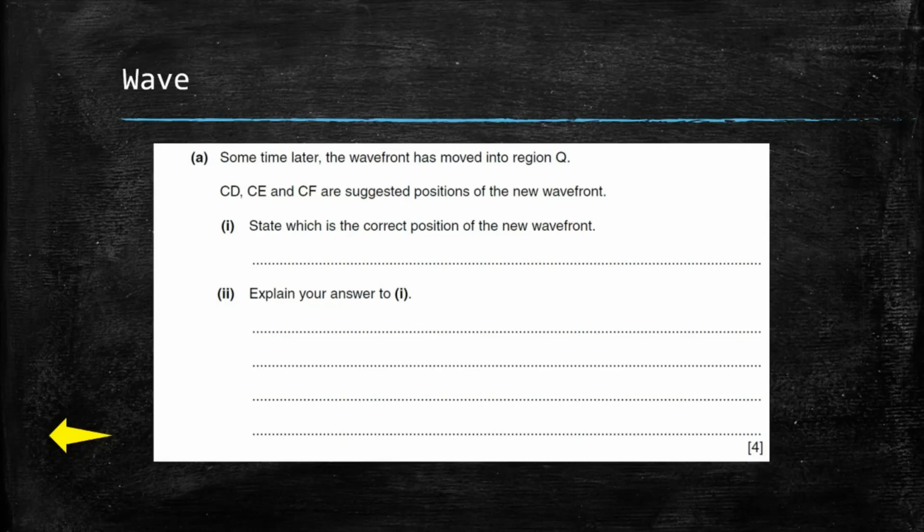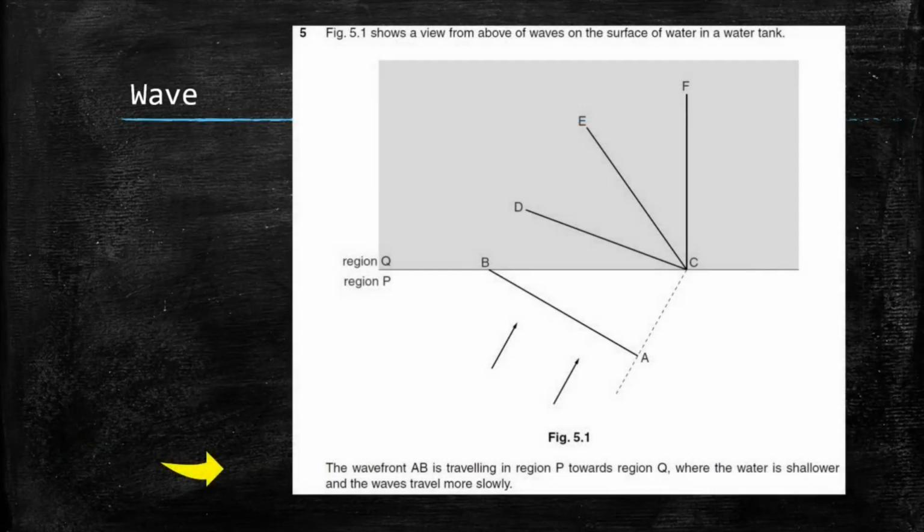To find the correct position of the new wavefront, we have to go back to the previous slide. Draw the direction of propagation or motion of the wave. This is the direction of propagation. The direction of propagation must be perpendicular to the wavefront.